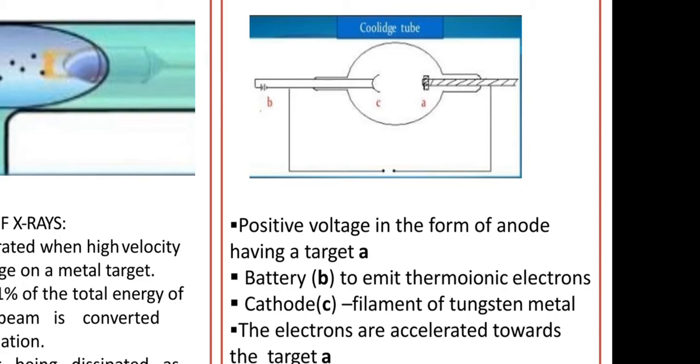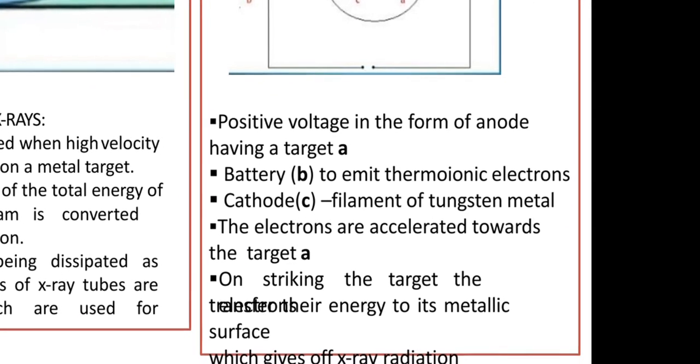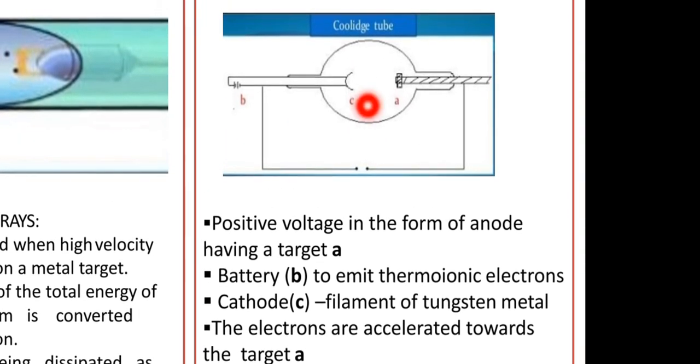See, this is the anode, positive source. This is the cathode, negative source. This is the battery, with negative terminal and positive terminal. So what will happen when we close the switch of the battery: the current starts flowing, and from the cathode the electrons get accelerated towards the anode plate.